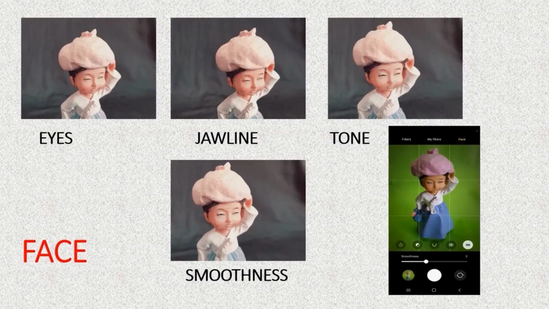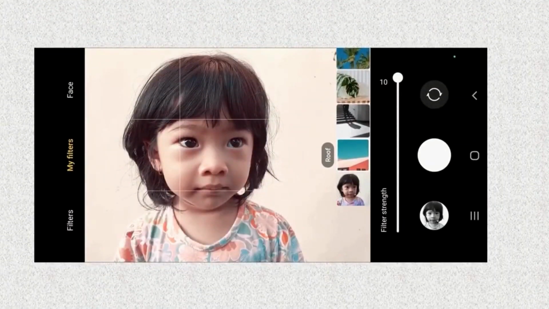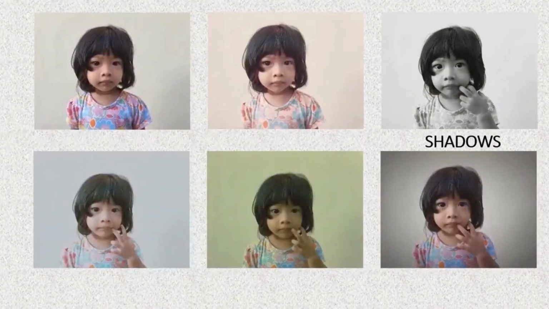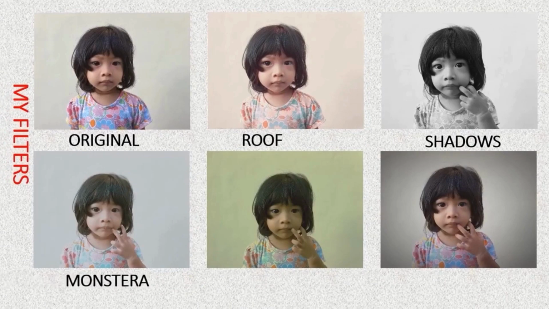Now we come to my filters. Here the result. You will see the shadows, original, roof, monstera, palm tree, vignette. So this is amazing. Now this is about filters.